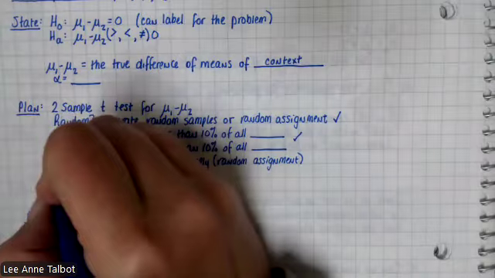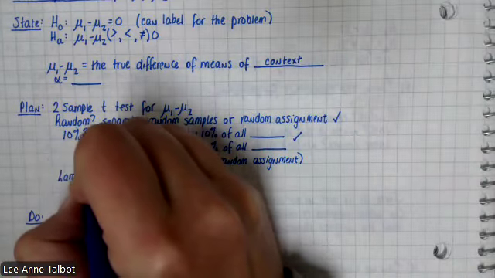Okay, we do need to talk about the large counts because there's two samples.